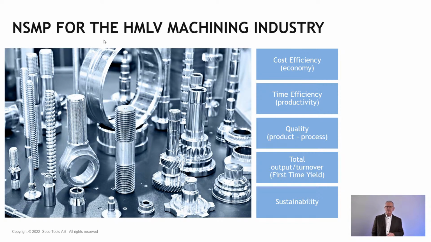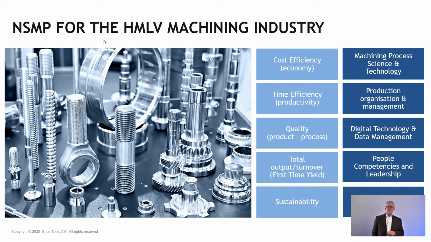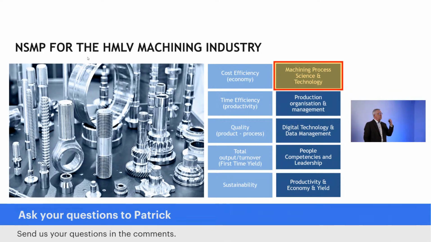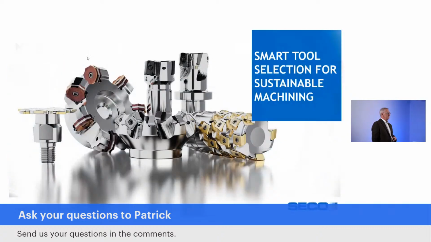A company manager is confronted with this, and he has elements he can work with to achieve the KPIs he has for his company. Machining is one of those tools he has to make sure he achieves whatever KPI is prioritized. And within that machining, the element tool selection is what we talk about today.